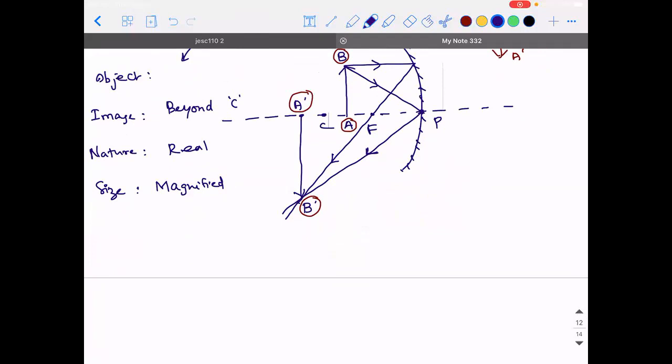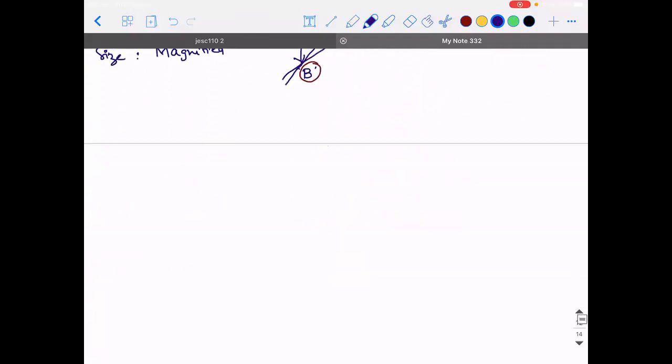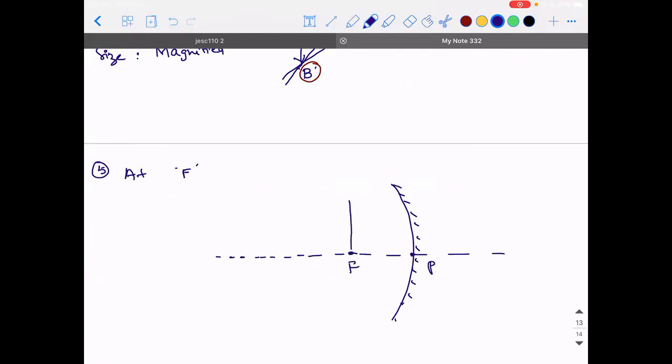Now you tell me, where should the next point be? At F. Let's see what will happen at F. If you take the object at F, what will happen?